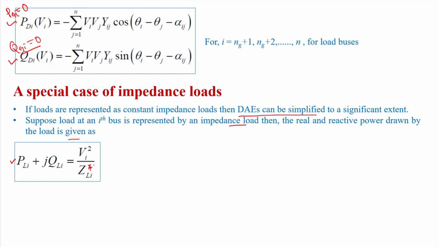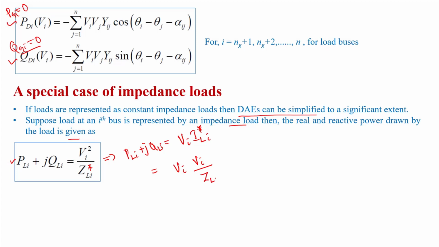Okay. So how does it come? In fact, we know PLI plus JQLI is equal to the voltage at that ith bus into the current drawn by the load, let us say ILI conjugate. So that will give VI into ILI conjugate.